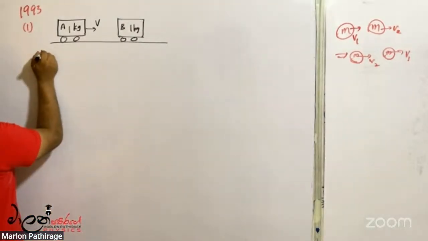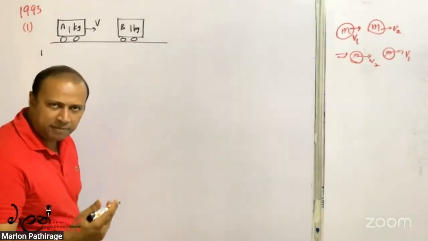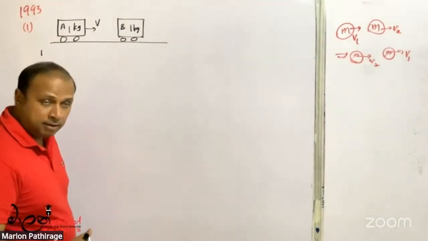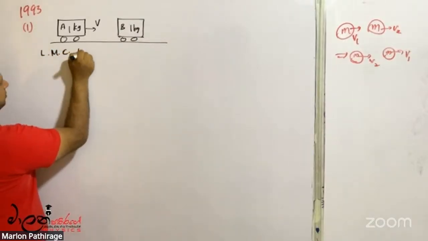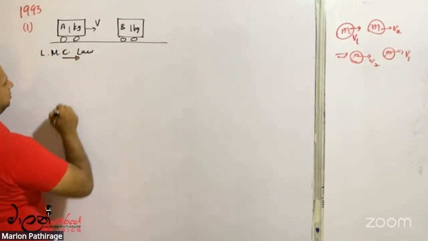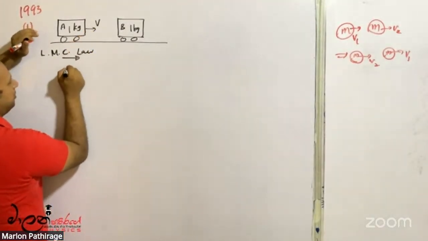Now, as it is an elastic collision, we can apply the linear momentum conservation law to this side. Initial momentum is v.